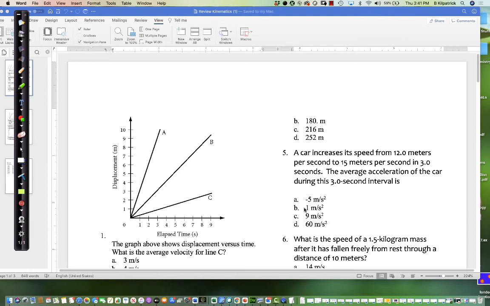So also, let's put it in terms of direction. We know when we have a positive acceleration with a positive velocity, I'm speeding up. So let's say that I'm going northward and I'm speeding up. If I give my acceleration an actual direction, it would be north, okay? Let's say that I'm going east and I'm speeding up.